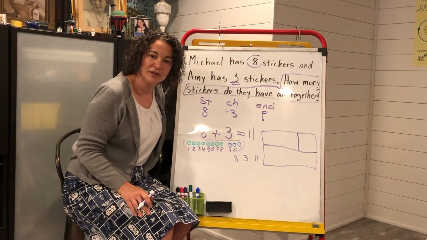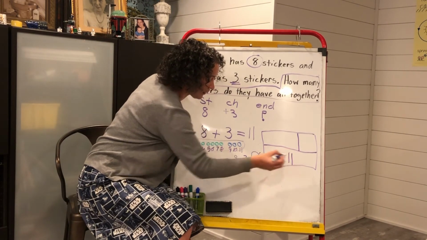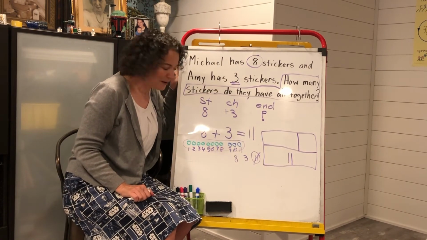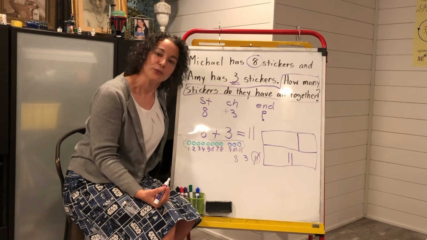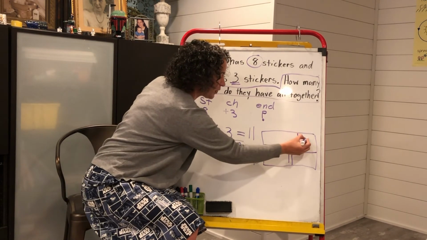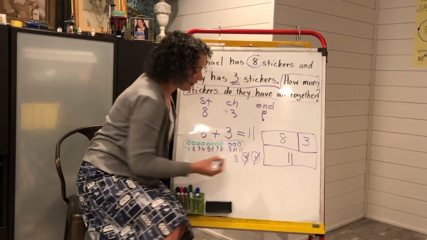What's my biggest number? Yes, 11 is my biggest number, so 11 gets the biggest box. Smallest box gets the smallest number. What's smaller, 8 or 3? Correct, 3 is the smallest number. 3 gets the smallest box, which means our 8 is our middle number, and our 8 gets the middle box.